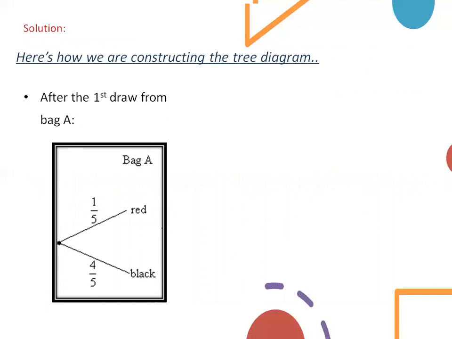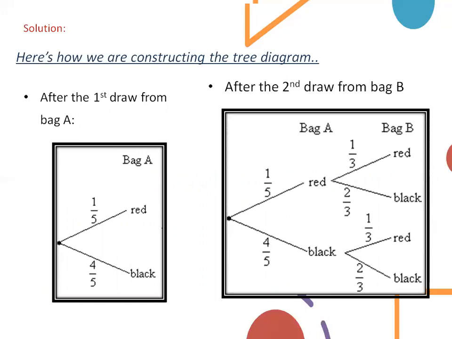So after the first draw from bag A, what can we get? Either a red ball or a black ball. And the probability, there were 10 balls, right? And we have calculated the probabilities. So in bag A, the probabilities are 1 by 5 and 4 by 5.